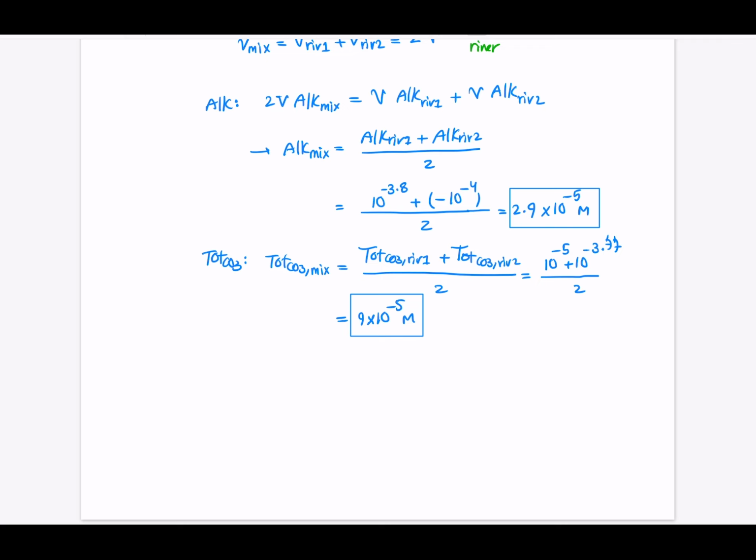So the last part is basically looking at the pH, and then we have that alkalinity relationship. Alkalinity is basically equal to alpha 1 plus 2 alpha 2 times total CO3 of the mix plus hydroxide minus H plus, which we can basically expand for the alpha values.